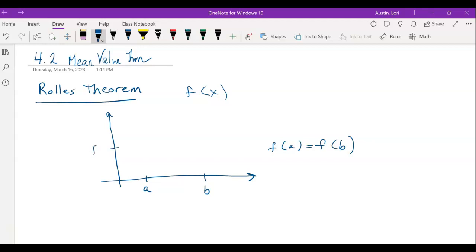Whatever f of A is, f of B has to be the same thing. So basically we have these two points where they have the same value, the same y value essentially.